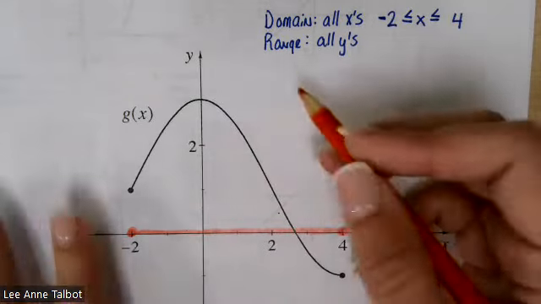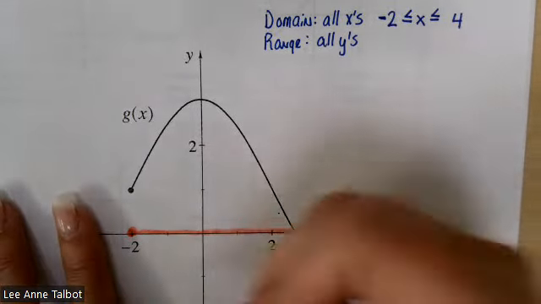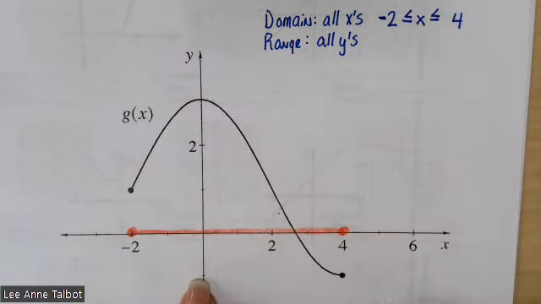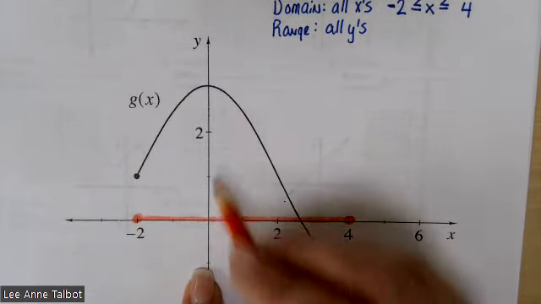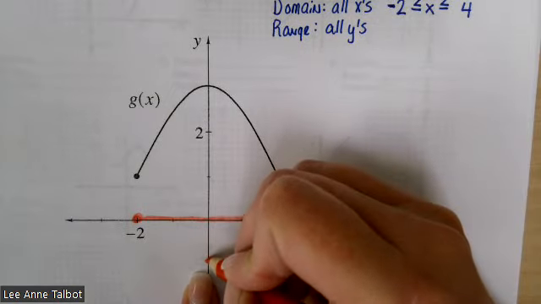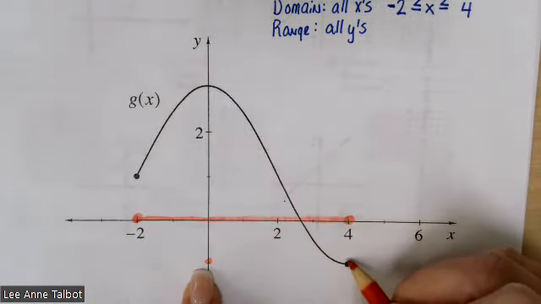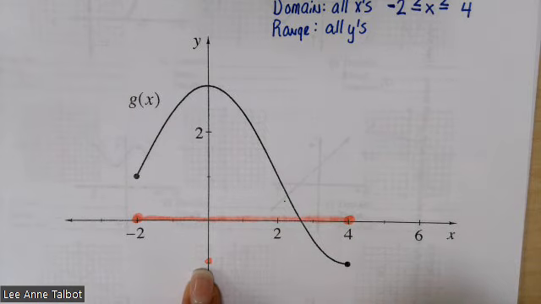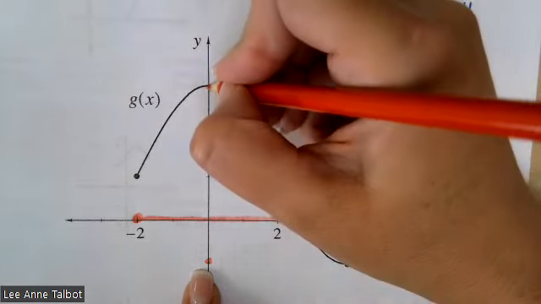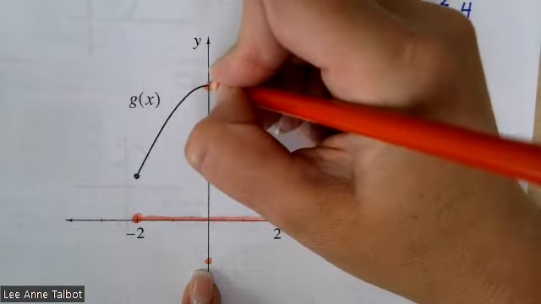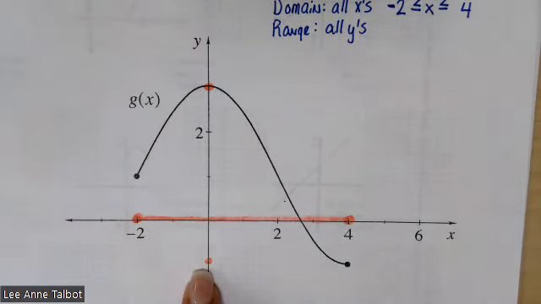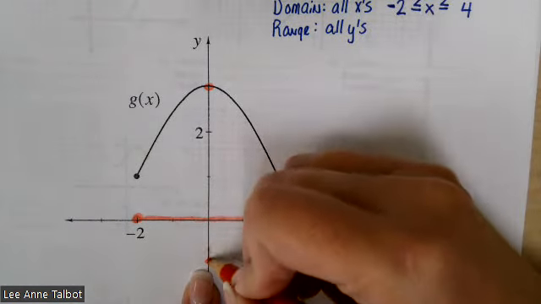Okay, now we're going to do this on the range. Find me the bottom. We're going to mark up the y-axis. So find me the bottom, put a dot there because there's a dot here. Find me the top, put a dot there. And then my curve exists.